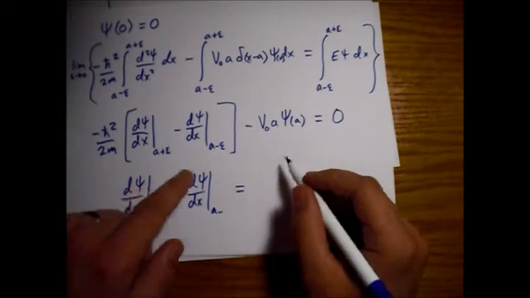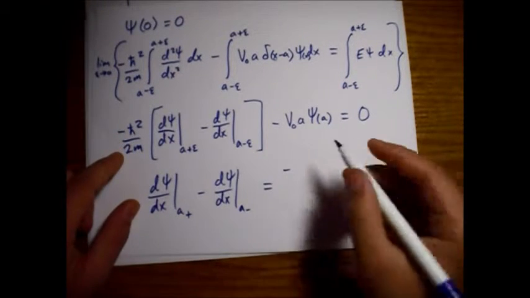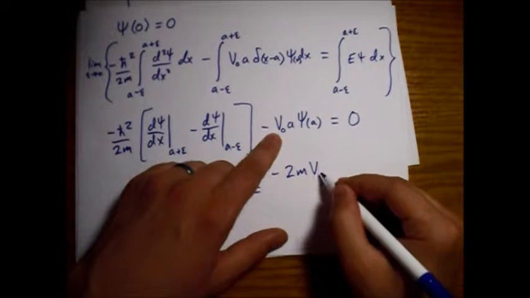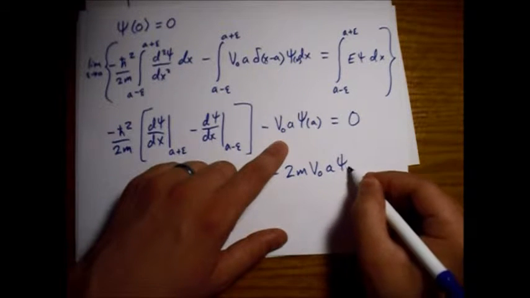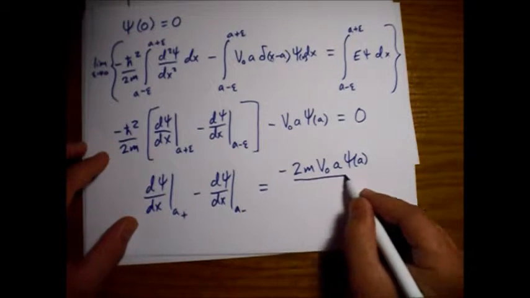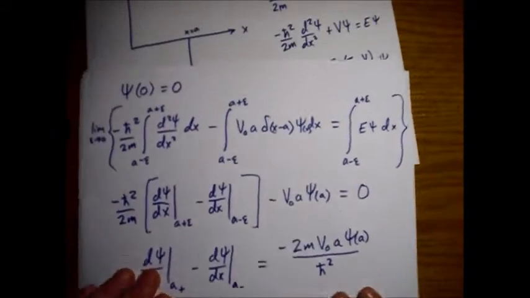Okay, so we're going to bring this over and get rid of this minus sign, but we've got another one waiting for us. Multiply both sides by 2m. We have our V naught a, c evaluated at a, and divide everything by h bar squared.